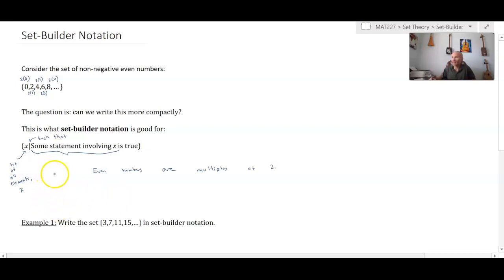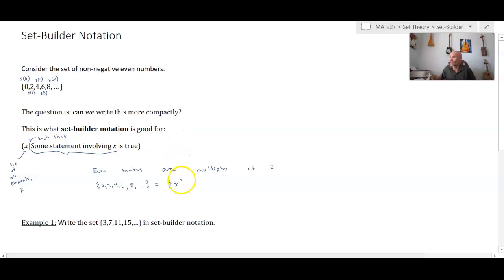All right, so I'm going to write this set of even numbers as the set of all elements, and again, I don't have to use the letter x. x is just kind of the template for the definition, but I'm going to say that this is equal to the set of all x. Now, I don't know anything about x based upon just what I've written down so far.